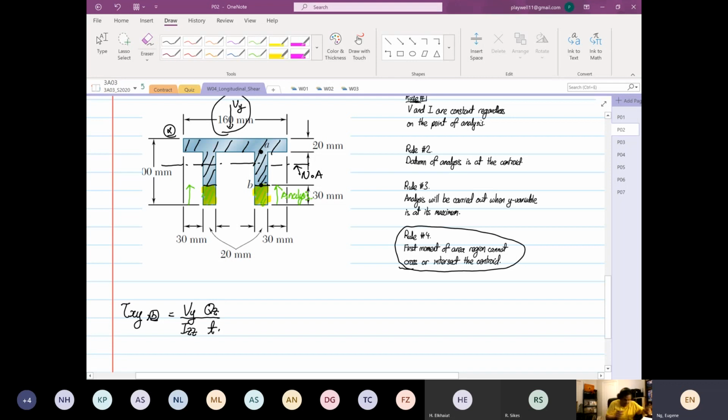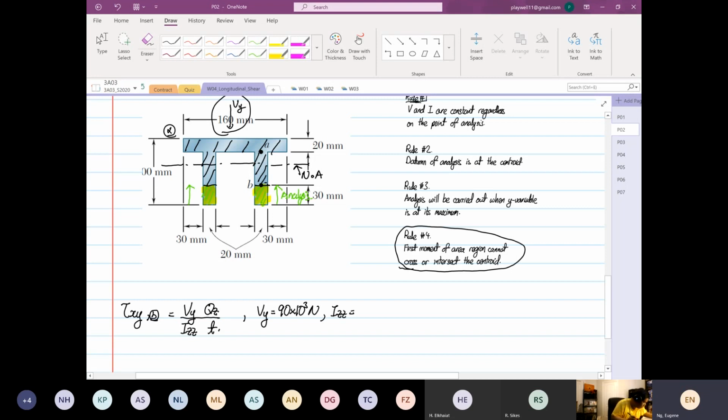Now, for this case, we have to be very careful. I'll tell you why. Vy is still the same, rule number 1, nothing changed. Izz also did not change.